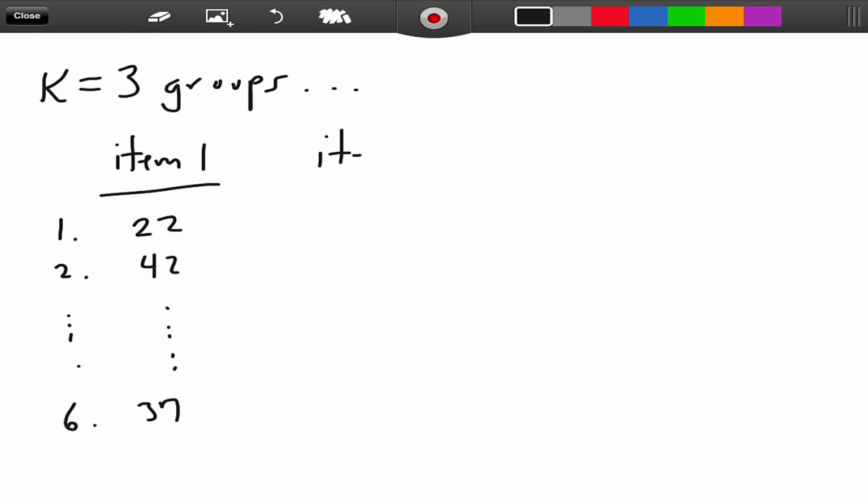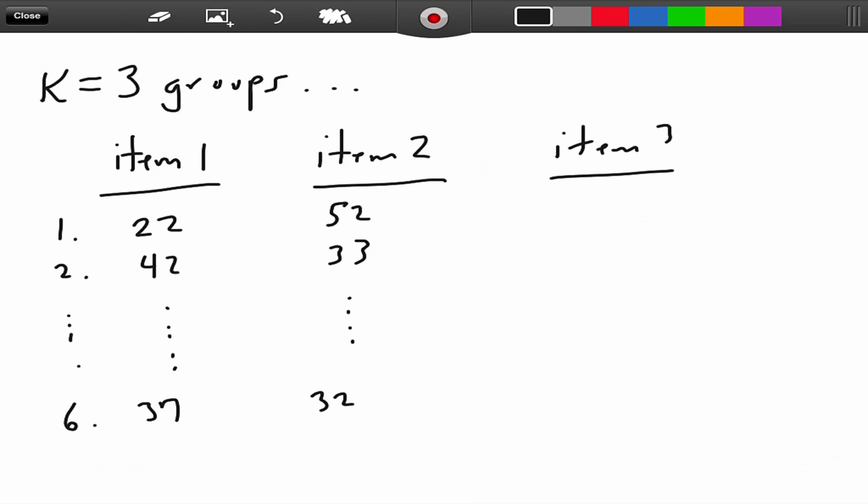I'm going to show you the data set in its entirety once we get into R. Here we have 52, 33, and down to 32. Then item number 3, sales volume for it, 16, 24, all the way down to 39.